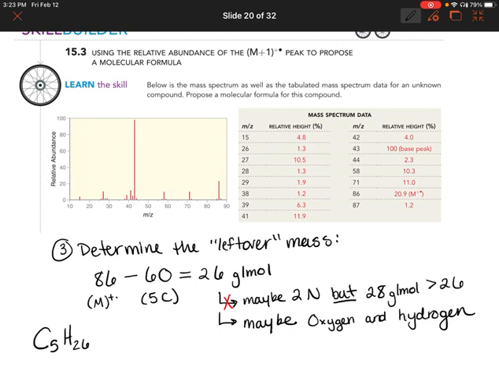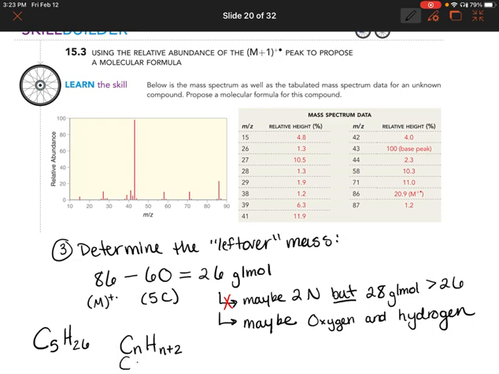No, because our formula for a molecule is CnH, and then the most hydrogens you can have is, let's see, 3, 4, 5, 6, 7, 8, 9, 10, 11, 12. So n plus 2.